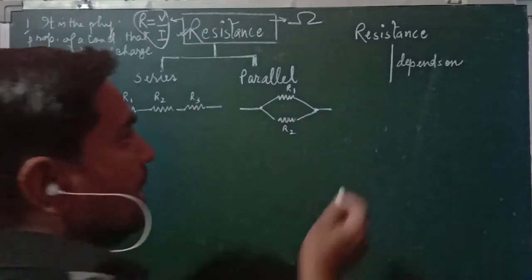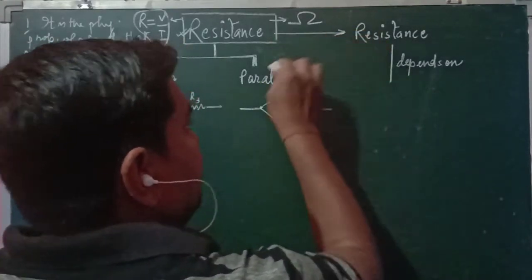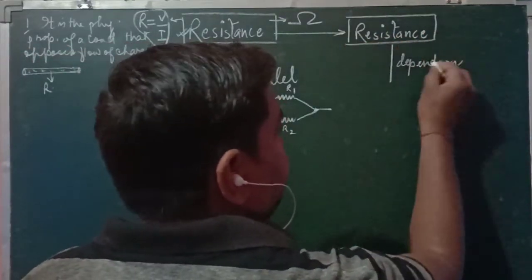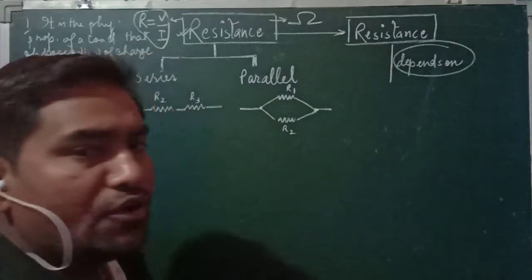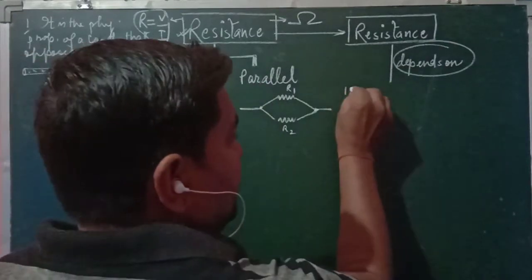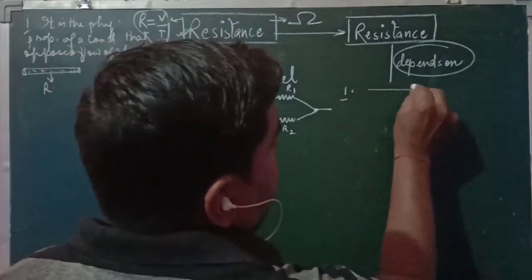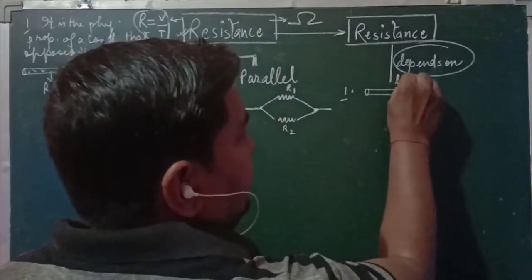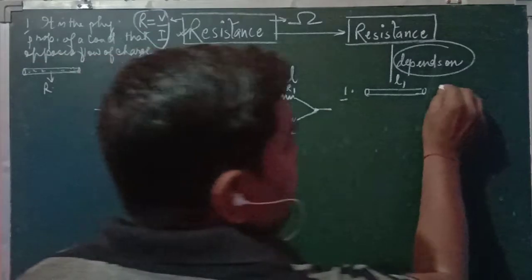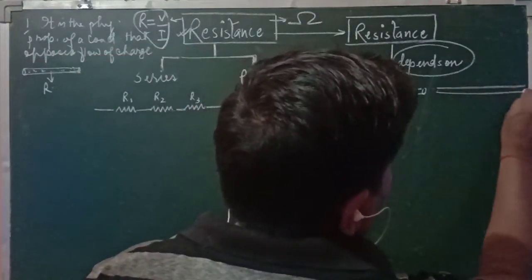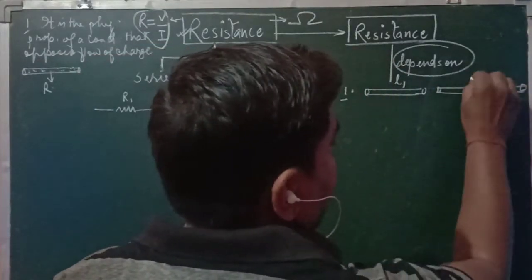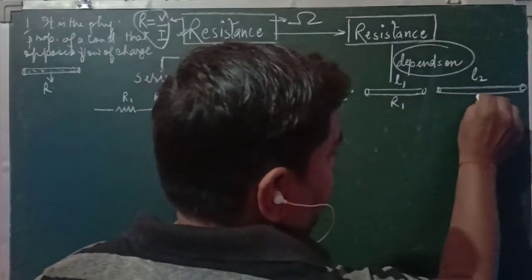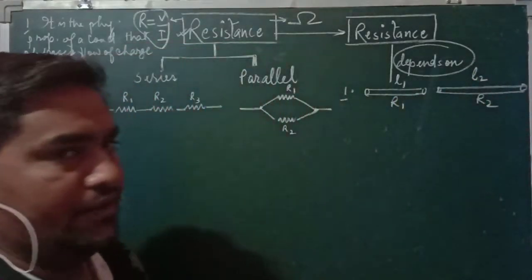Okay, students. So this resistance depends on some factors. So what are these factors, students, on which it depends? First property is that, suppose that this is a wire having length L1, and this is another wire conductor, you can say L2, having the resistance R1 and R2.